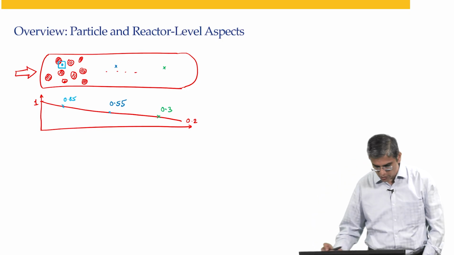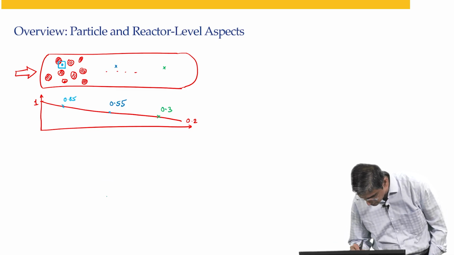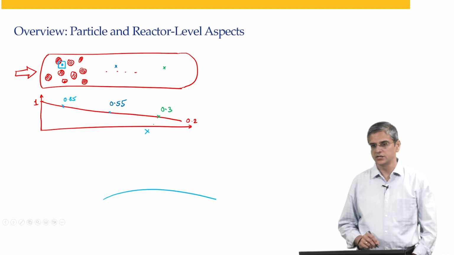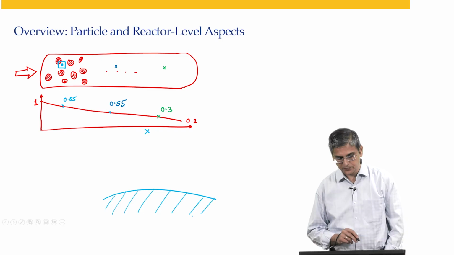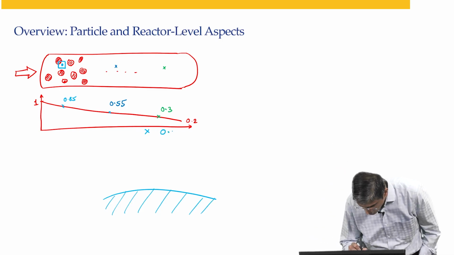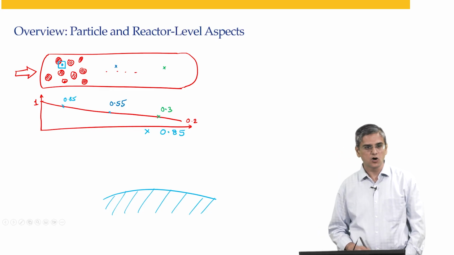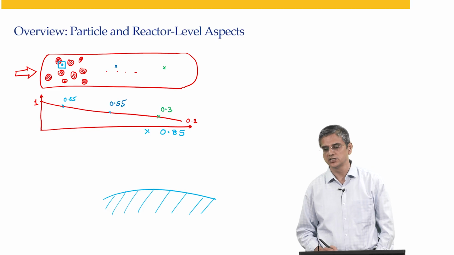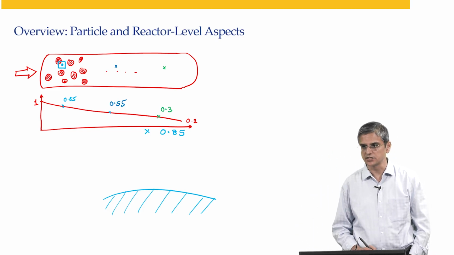So, this is the catalyst particle, and this is that particular point. At this point the concentration is 0.85. Because this is a reactant, the reaction is taking place either on the catalyst particle or within the catalyst particle.